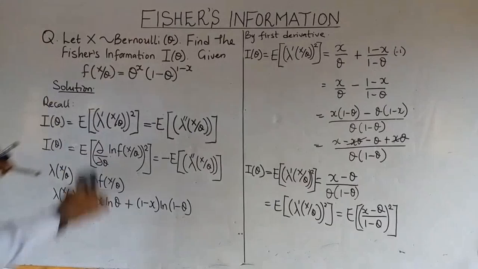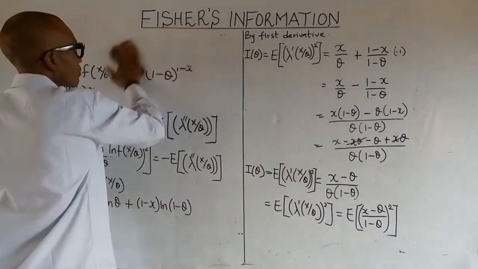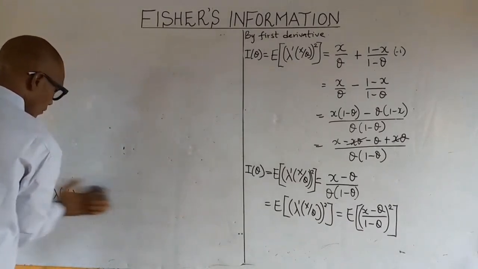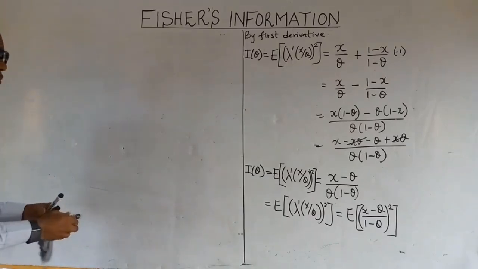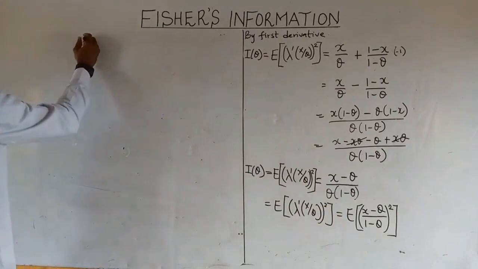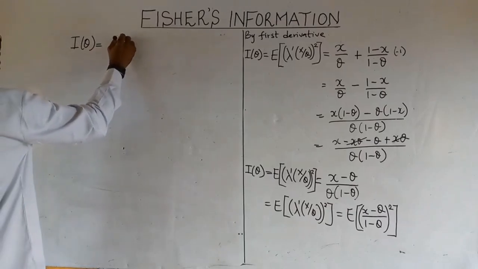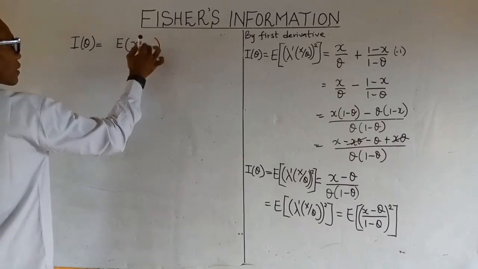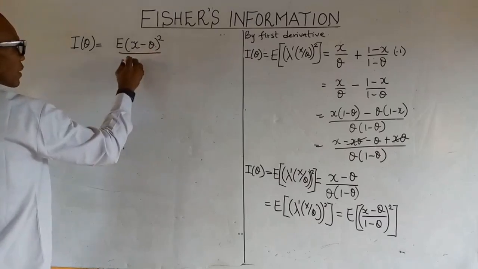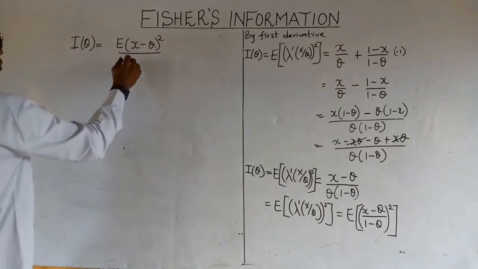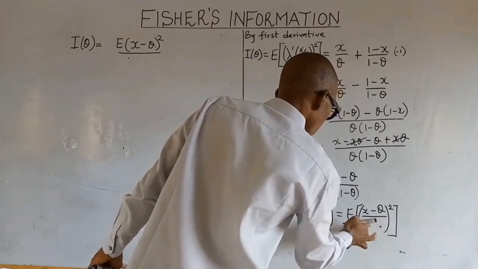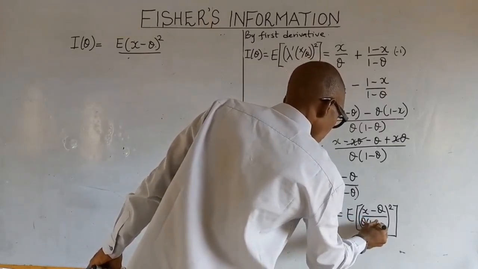So we move over to this place. Here, if you take the expected value, the Fisher's information for the first derivative is equal to the expected value of x minus theta all squared all over theta times 1 minus theta.